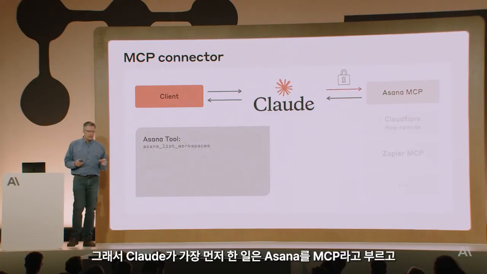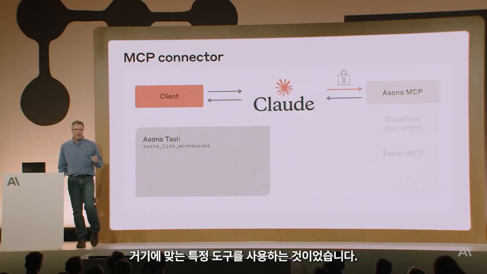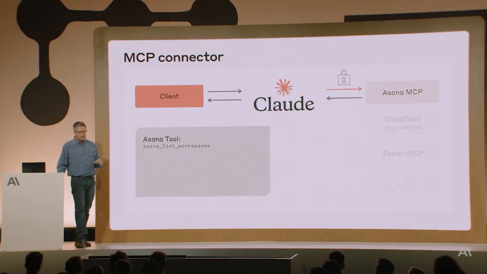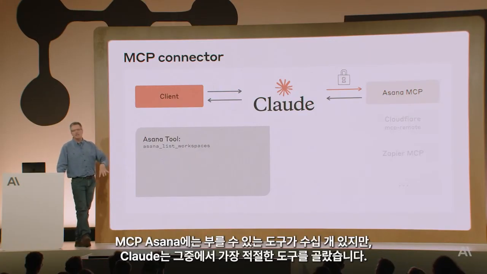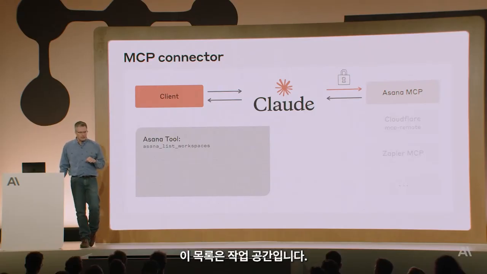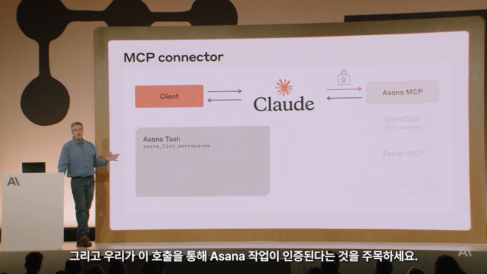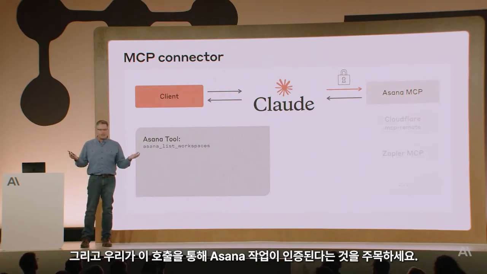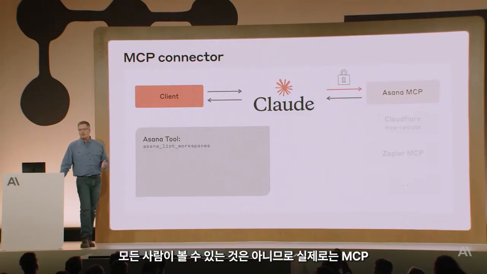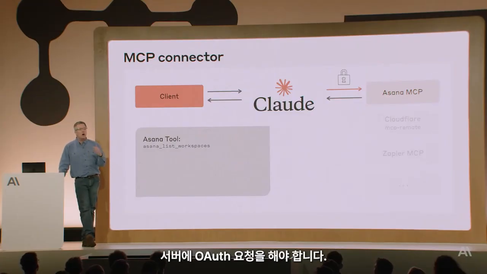So the first thing Claude decides to do is to call the Asana MCP, and a specific tool there. The Asana MCP has tens of tools that you can call, but Claude has picked out the right one, list workspaces. And notice we're doing this call. My Asana tasks are authenticated. Not everybody can see them. So we actually have to do an OAuth request to the MCP server.